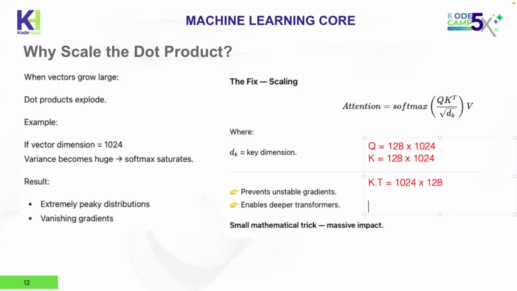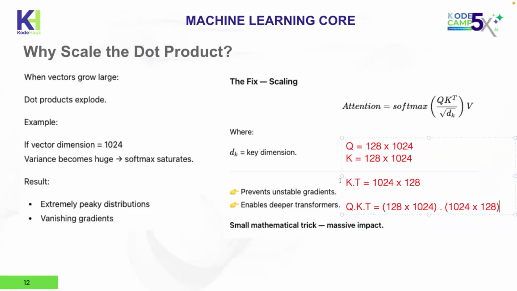So when you now do Q dot K transpose, what you're basically doing is a dot product of 128 by 1024 with 1024 by 128.